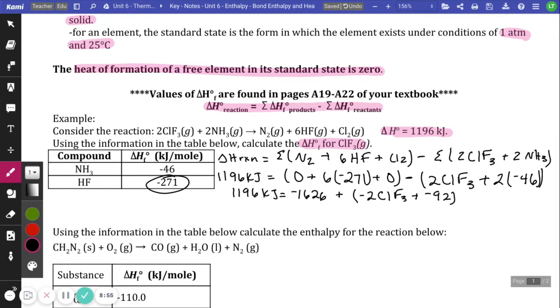Oh, I'm sorry, this should be positive 92 because it was negative. So then keep moving, keep simplifying.